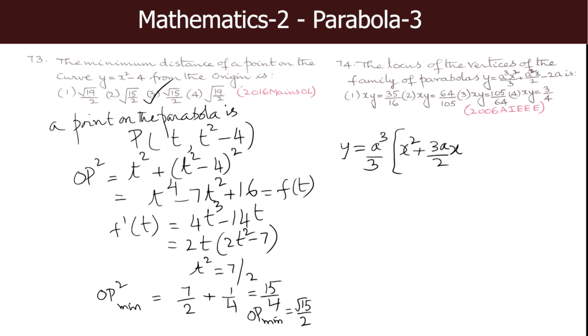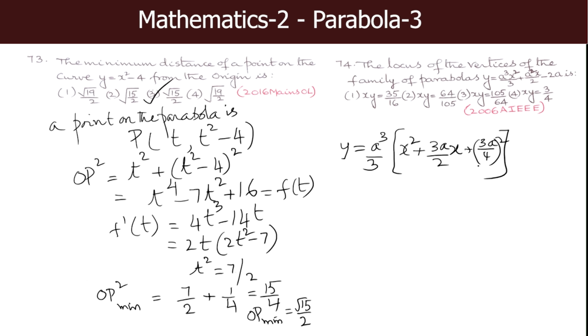I will just simply apply some school algebra. By adding a suitable constant to this sum, you can complete this square. That is half of 3a by 2, that is 3a by 4, whole square. You have to subtract the same thing.